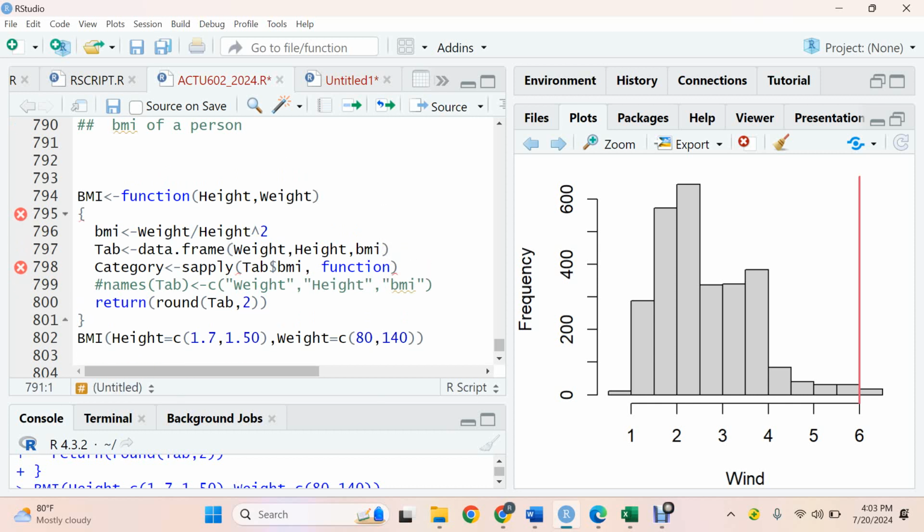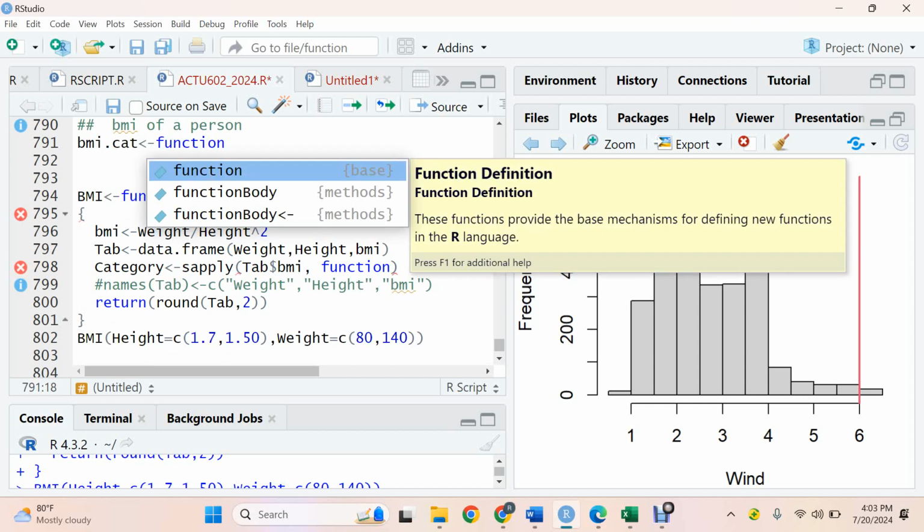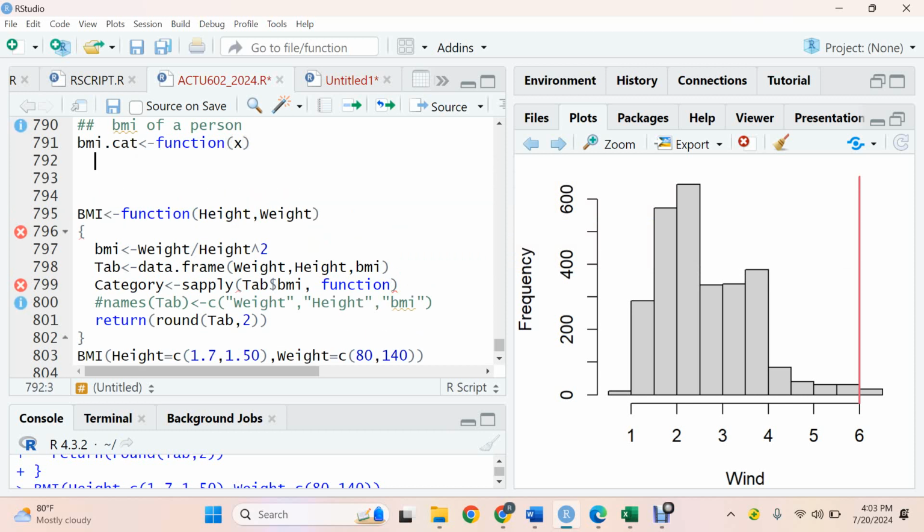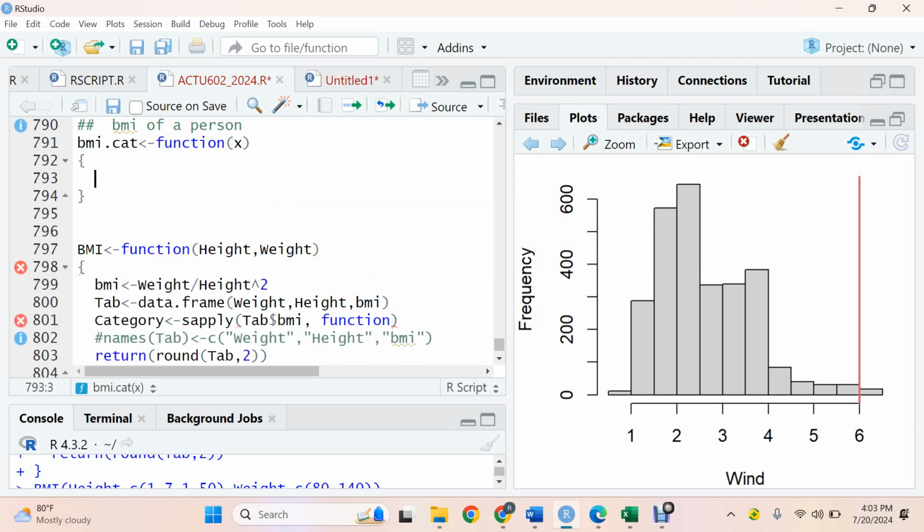BMI.cat is a function. So I'm still writing another function again. What is this function? It takes the value x. If it takes the value x, you must check if x is less than or equal to 18.5. What do you say?